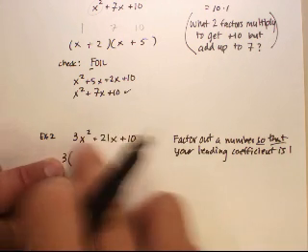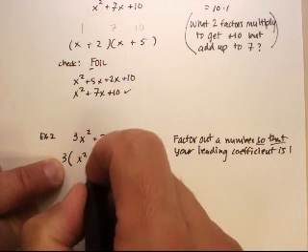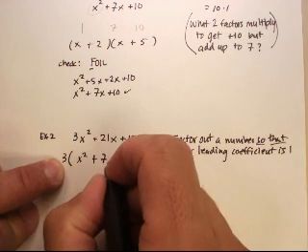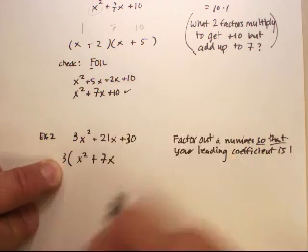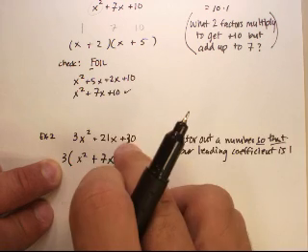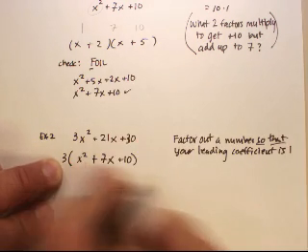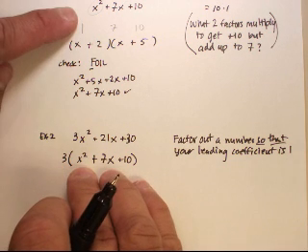Out of all of these terms, that gives me x squared plus, if you factor 3 out of 21, you get 7. And if you factor 3 out of, that should be a 30, sorry, to make my example work, if you factor 3 out of 30, you get plus 10. And look at that. Now you've got the trinomial that we just did a little bit higher.